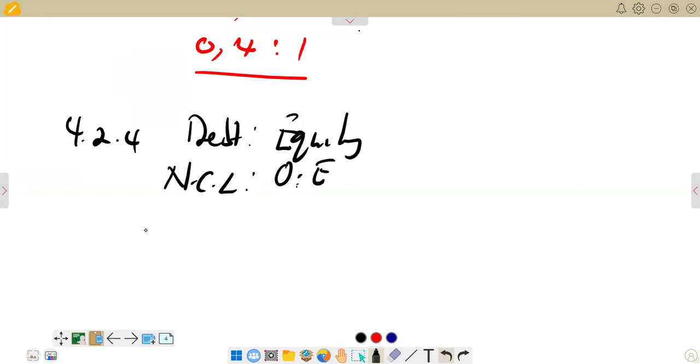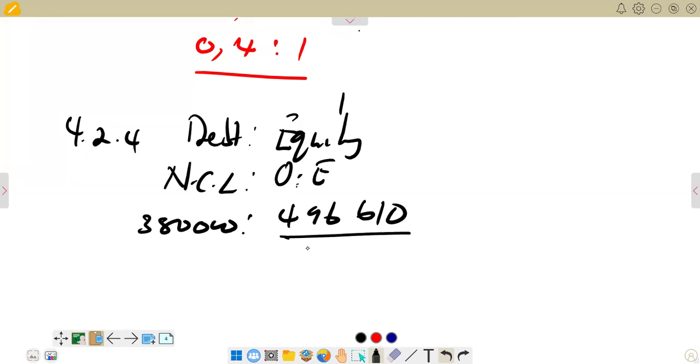The figures that we have there: non-current liability, remember, is 380,000 to owner's equity, which is 496,610. Obviously this side again should remain as 1. So to remain as 1, you divide by the full figure that we have here, 496,610, on both sides.